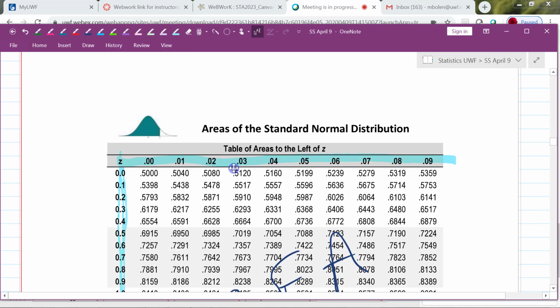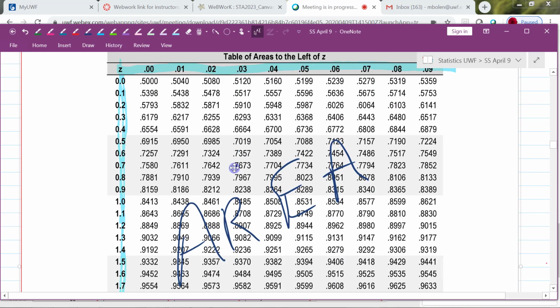Coming back up here, you're going to look in the area because you have to pull up your Z tables and look under area. We were told to find the Z value that corresponded to the area under the curve equal to 0.7957. We don't have that exact number, but this is the closest number right here to that.